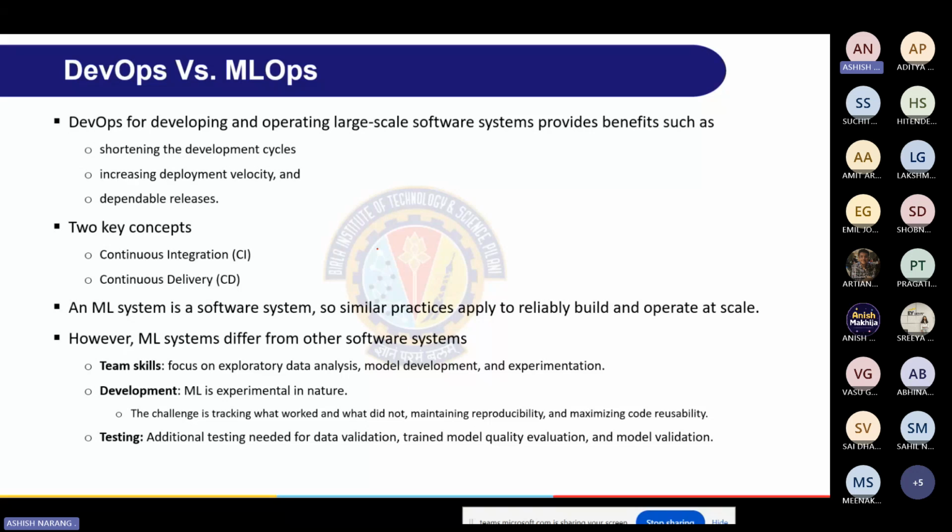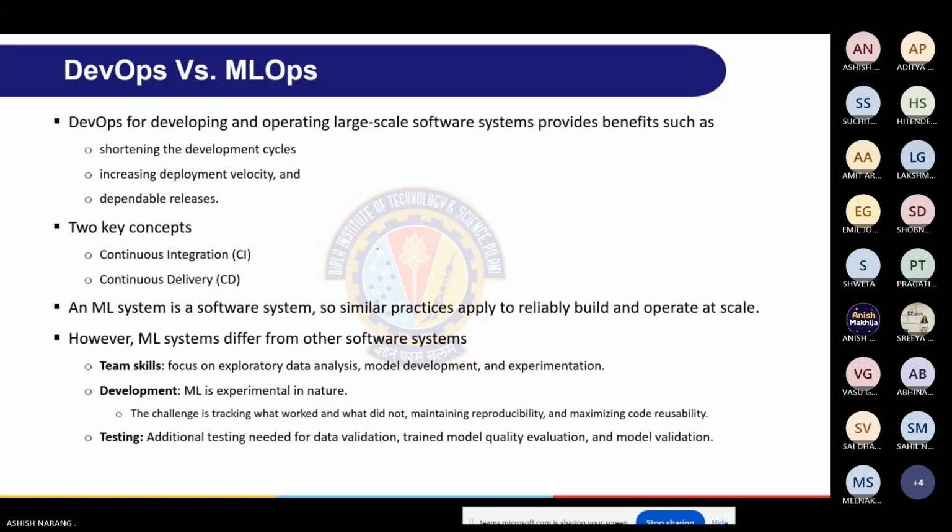Then you want to reuse the code as much as possible. That is something common across both, but in developing a machine learning model, the most important thing is its experimental nature. You should also know certain mathematics and stats.